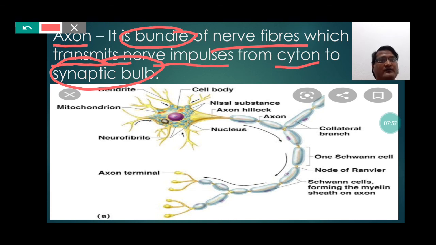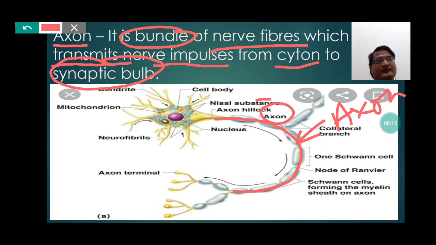Now students, here the axon is the bundle of nerve fibers which you can see, students. This is the axon, which you can see here also it is marked axon.